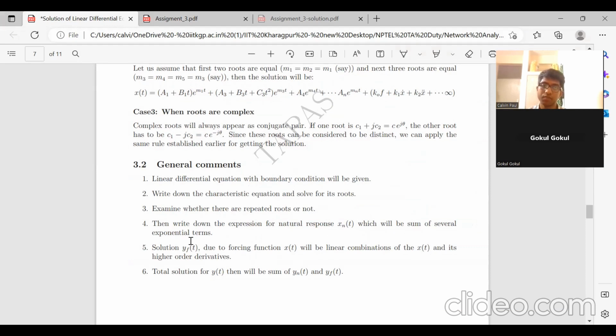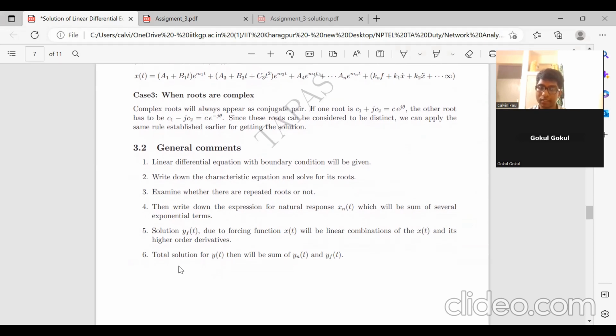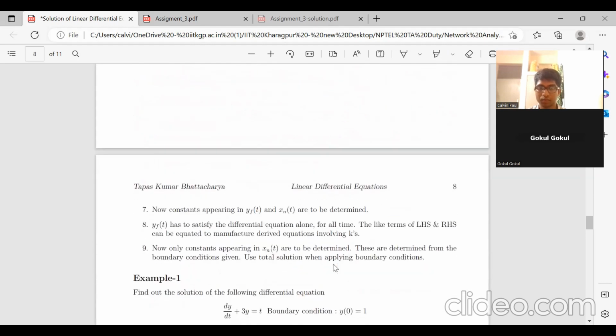Then we find a solution yf of t due to the forcing function x of t. This will be a linear combination of x of t and its higher order derivatives. We will look into this later. Then the total solution y of t will be the sum of yn of t and yf of t, the natural response plus the forced response of the system.